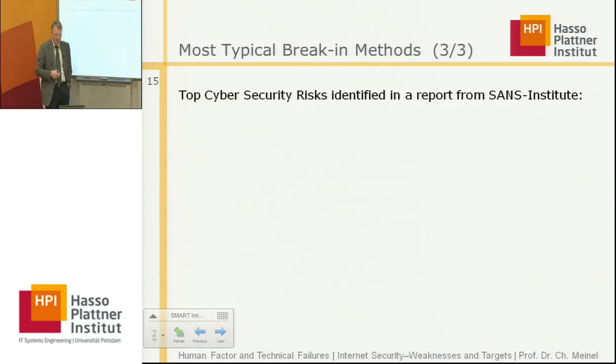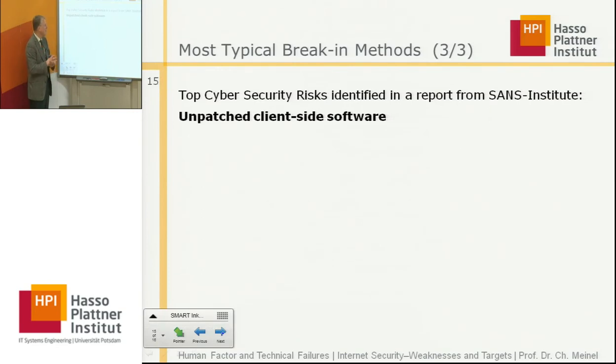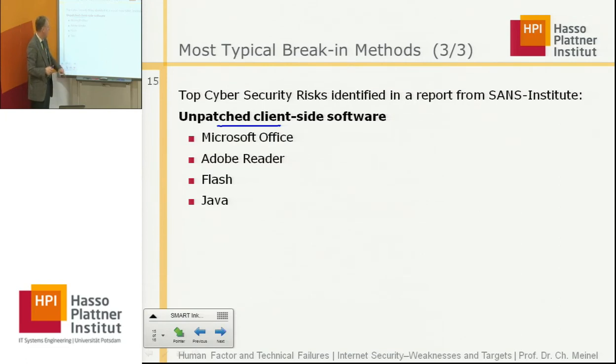Here are some top security risks that are defined by the Hasso-Plattner-Institut. I mentioned this already. This was for computer security. So unpatched client software. This is a really big problem. So, for example, for Microsoft Office, Adobe Reader, for Flash, for Java. So it is counted that 90% of the successful attacks come over such unpatched software.